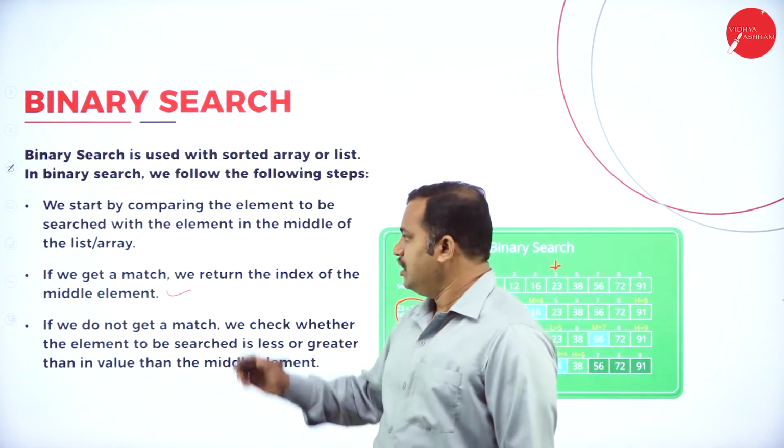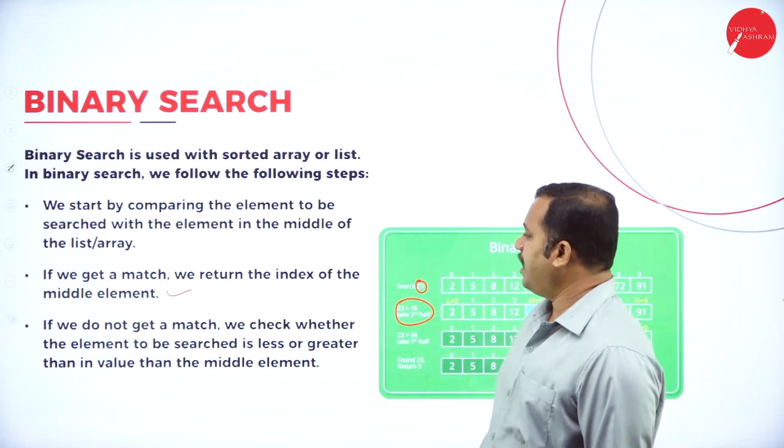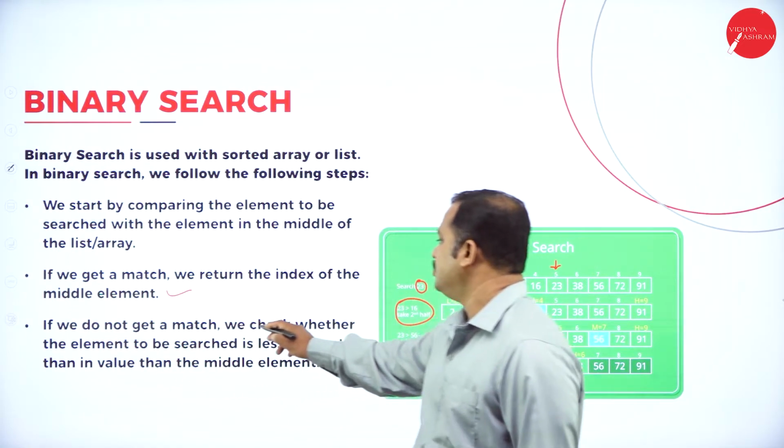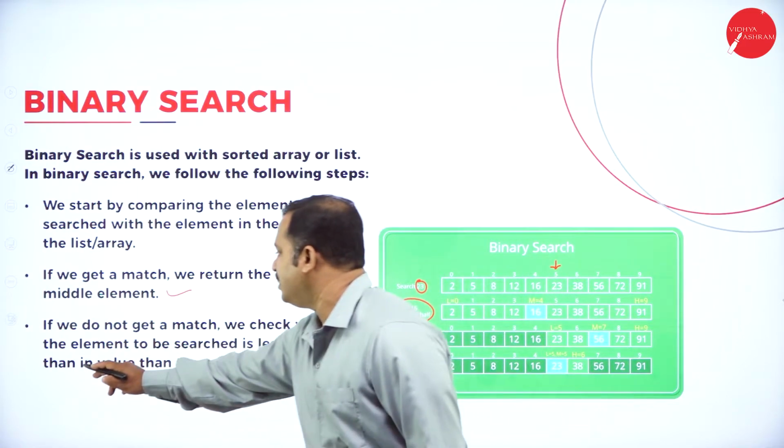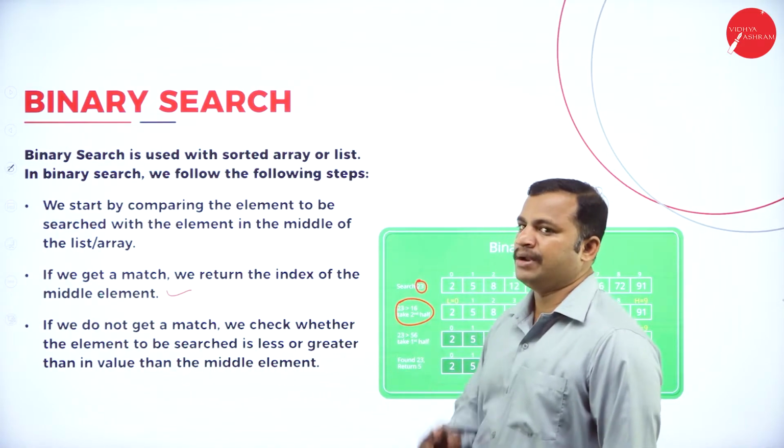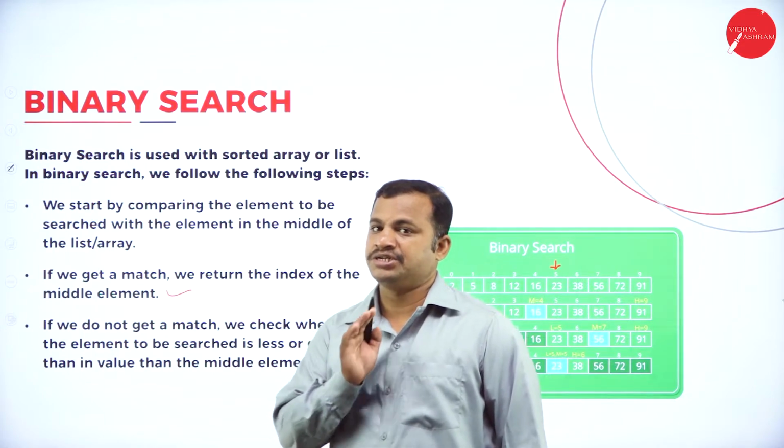Then, in binary search, if we do not match, we check whether the element to be searched is lesser or greater in value than the middle element. The same condition is applied here.